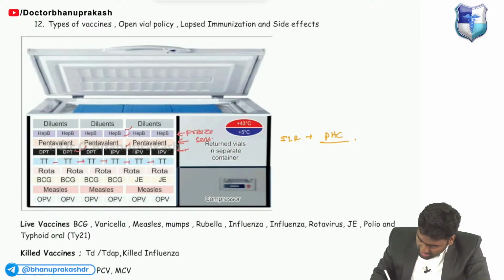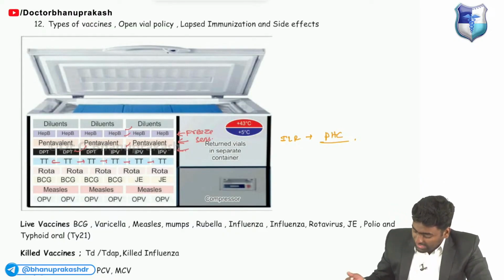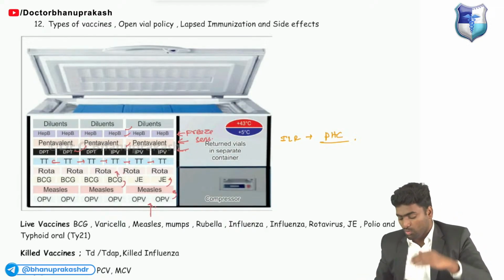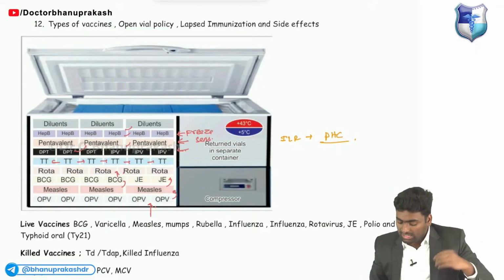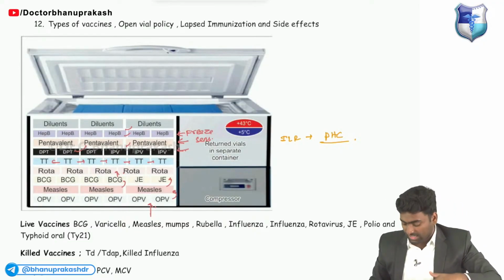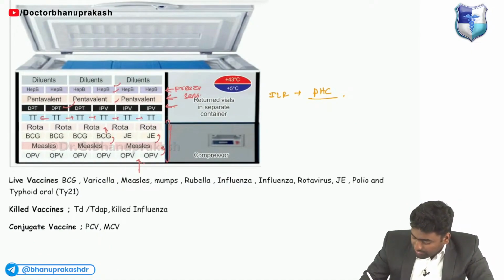The TT should be in the middle of the freeze-sensitive and heat-sensitive vaccines. And the most heat-sensitive one is OPV, and we need to keep measles, then Japanese encephalitis and BCG, then finally the Rota. So OPV, measles, JE, BCG, and rotavirus. This is the sequence, that's how we need to line them in the ice-lined refrigerator. So this is based on freeze-sensitivity and heat-sensitivity.